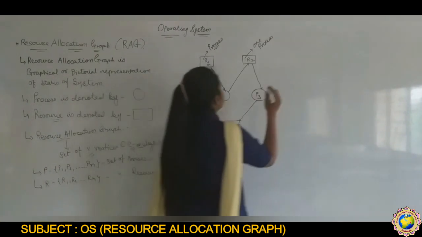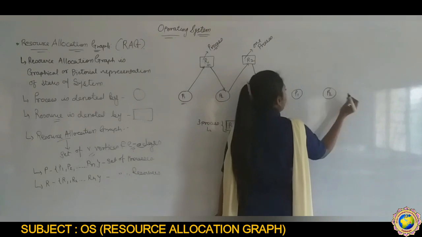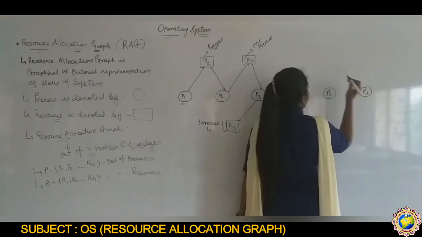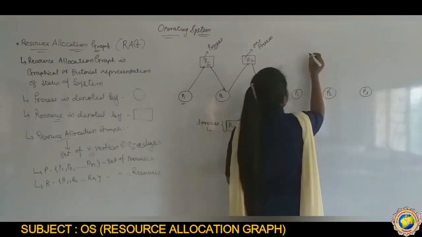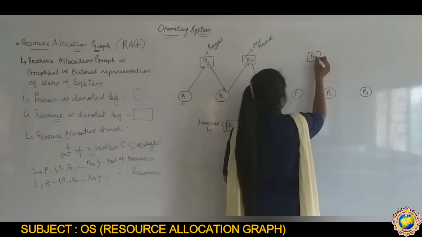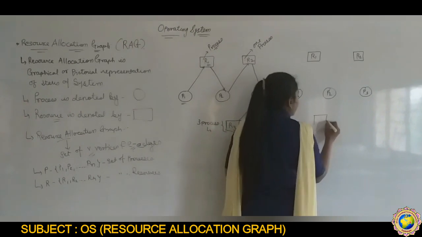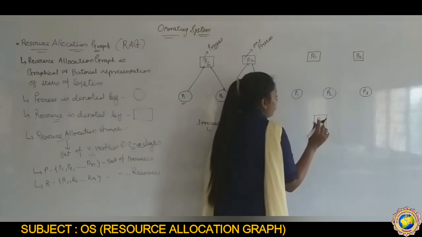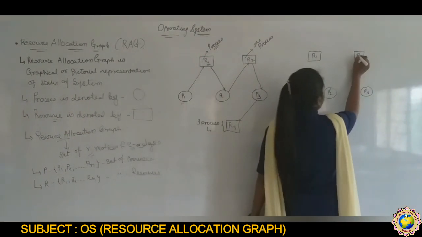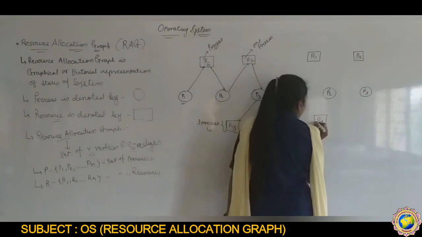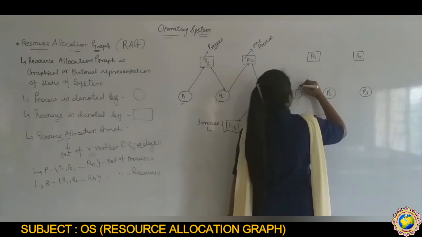Let's see another example of this. P1 process is there, P2 process is there, and P3 process is there, and resources R1, R2 and R3. We have to denote the instances. So here 1 instance, here 3 instances, and here 2 instances. P1 is requesting R1.